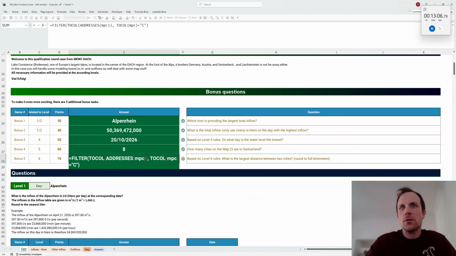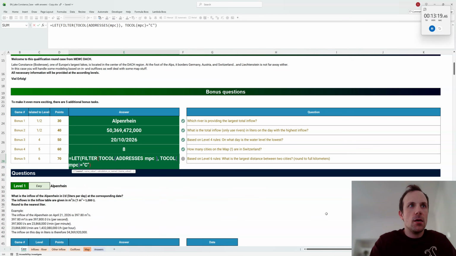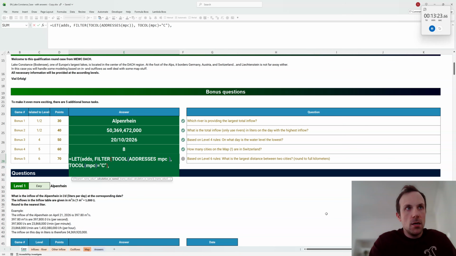And then I want to know the largest distance between two cities. So I want a max of a, no, hold on. They can be my adds. And I want to do combinations of my adds of two of these.